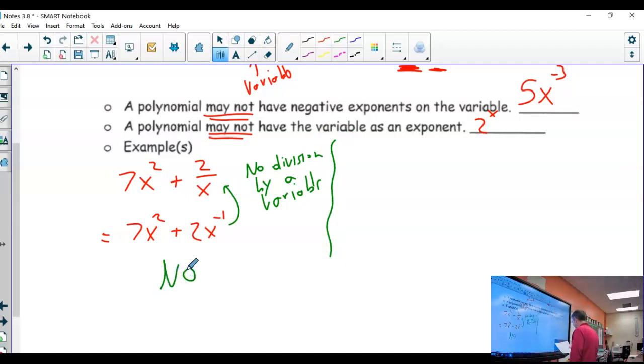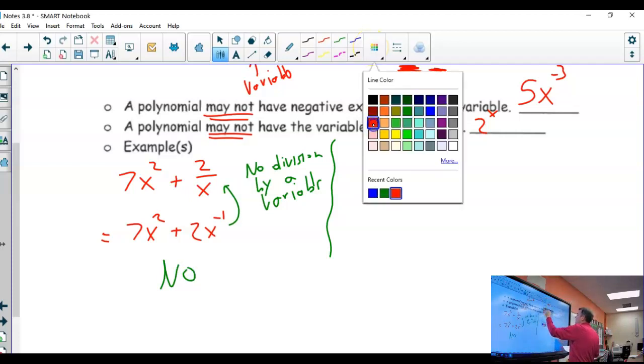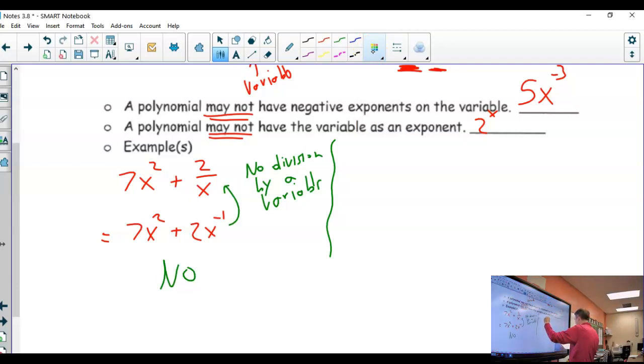However, it is okay if you have, let's go back to red perhaps, x over 3 plus 4, right? It's okay to have a fraction as long as the x is not being divided by, because this thing really just equals 1/3 x plus 4.